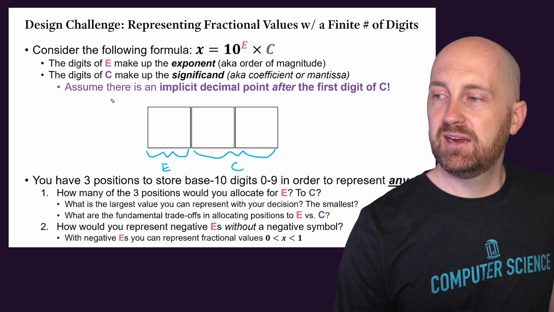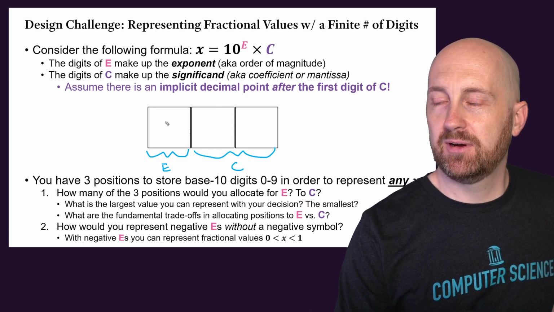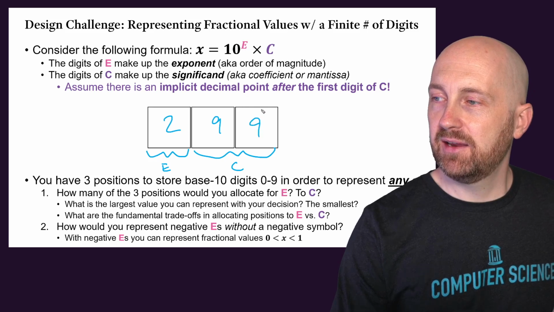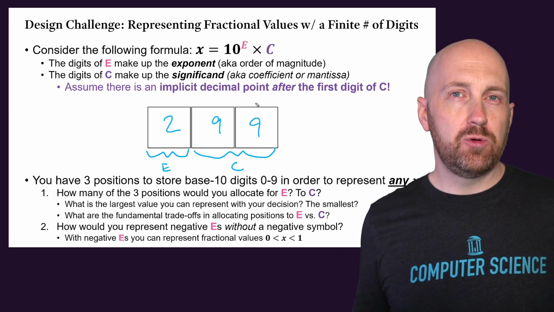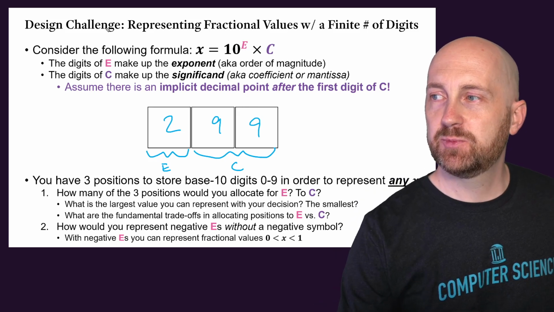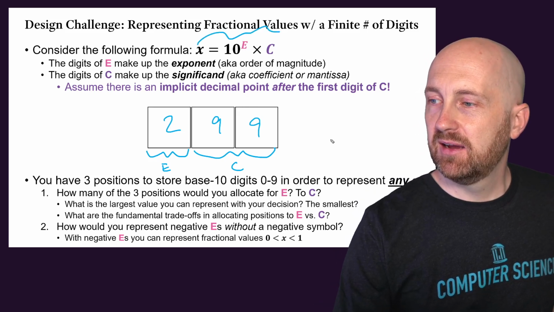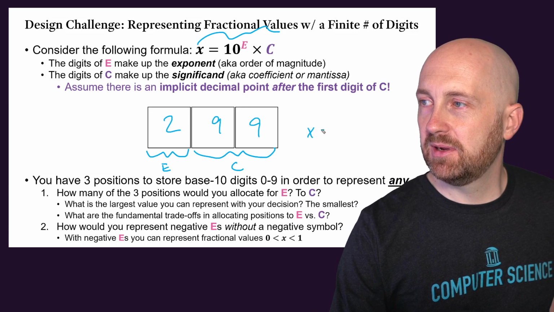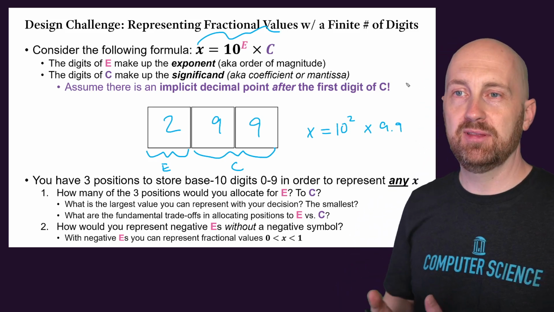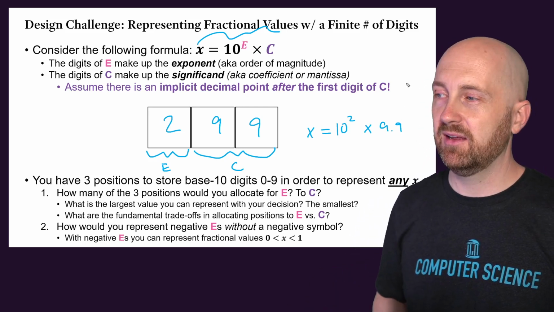Let's say this is 2 and this is 9, 9. Translating this into the expression above, x is going to be 10 to the second multiplied by 9.9, and that's the number this would encode in base 10.